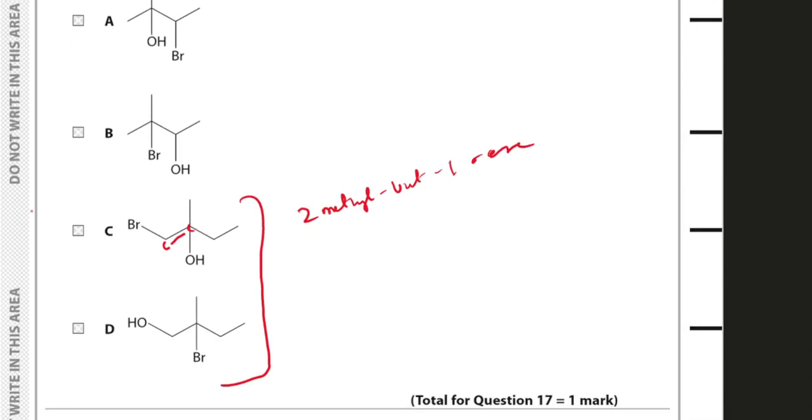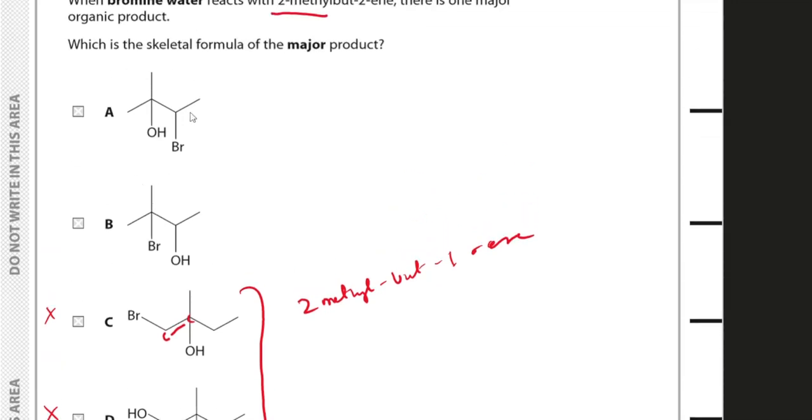So automatically we should not consider C and D in our options. So this leaves us A and B.